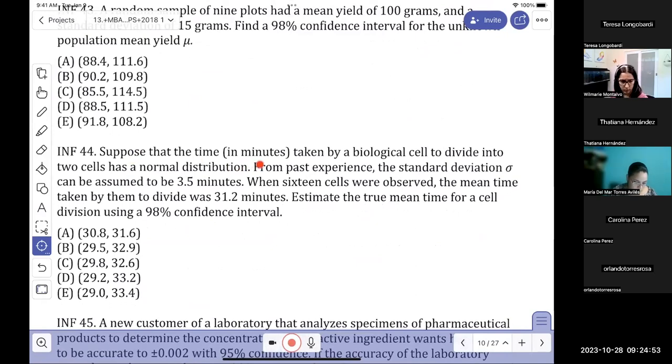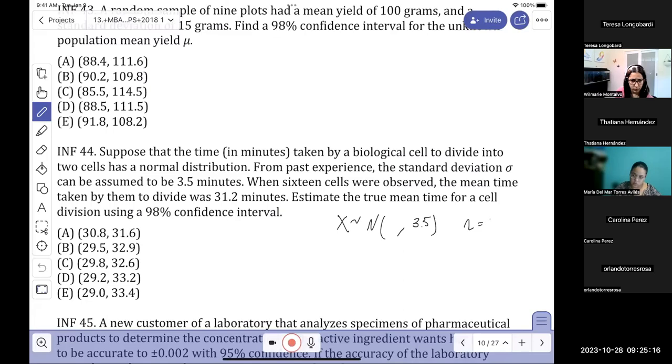Okay, suppose that the time in minutes taken by a biological cell to divide into 2 cells is a normal distribution. You don't know mu, but you know sigma is 3.5.